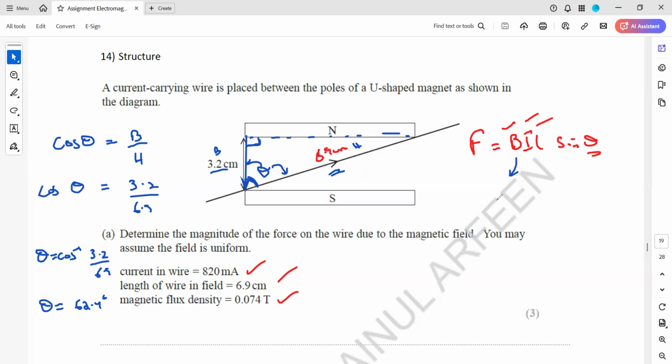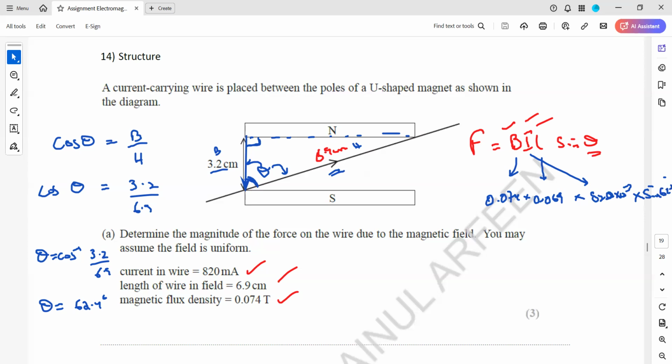Then we use the formula F equals BIL sine theta. We have B, which is 0.074 Tesla. The length of the wire is 0.069, because it was in centimeter. I put the current here, 820 milliampere, so 820 times 10 power -3, times the sine of the angle between them, which is 62.4. Just substitute all these values.